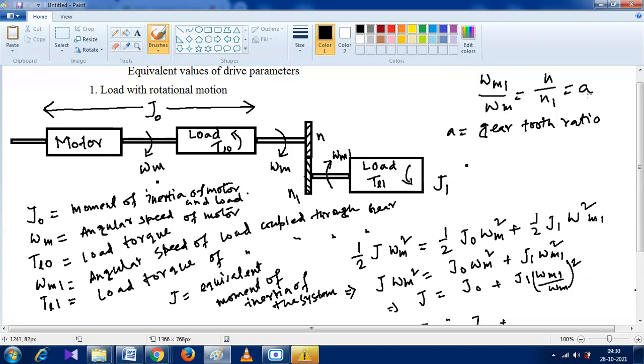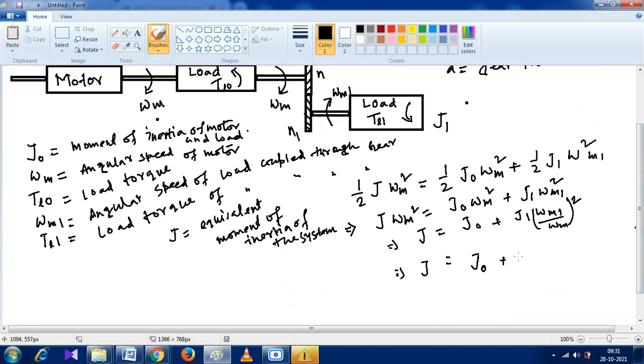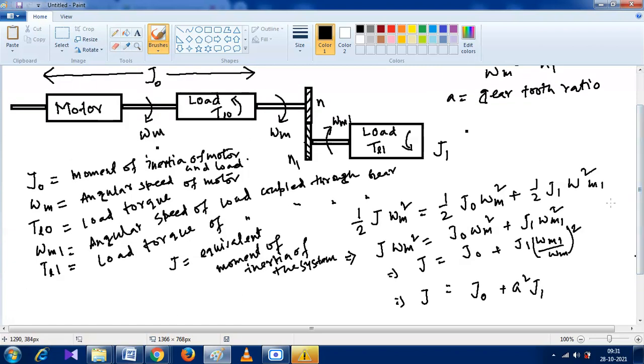We are considering here the value is a. So we can write a square into J1. What is the name of a? Gear tooth ratio, sir. Gear tooth ratio.